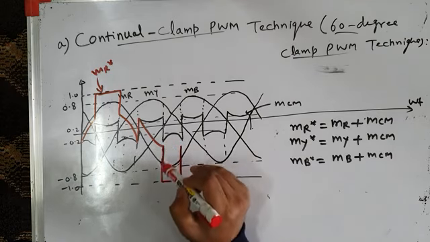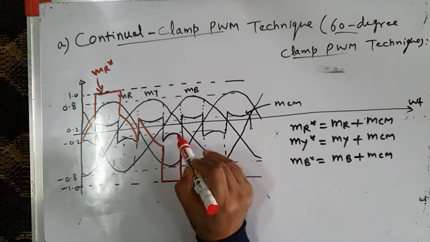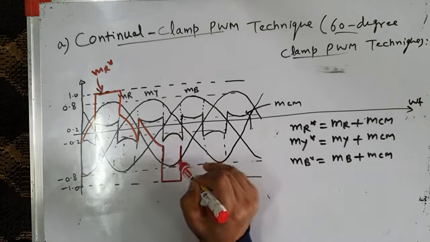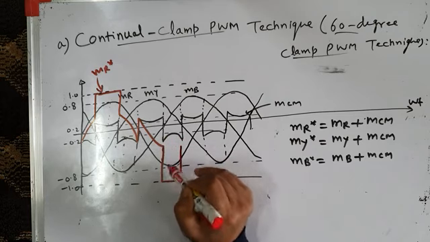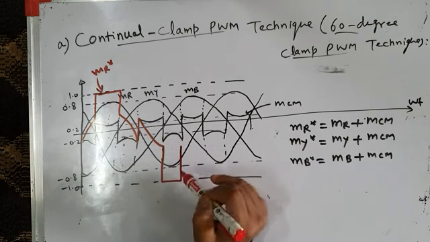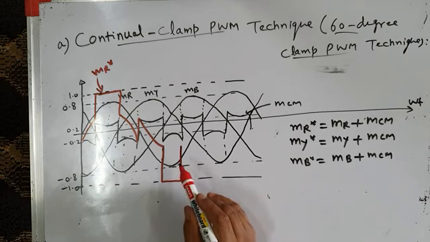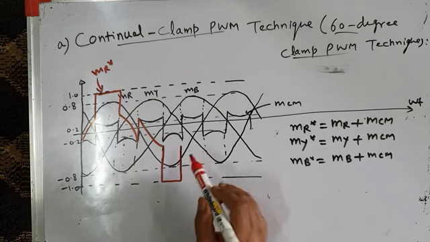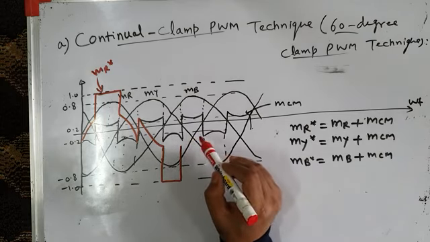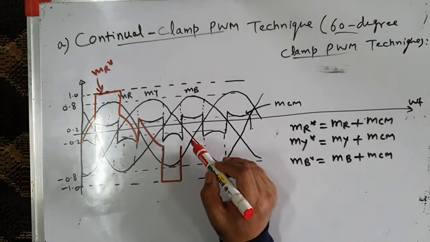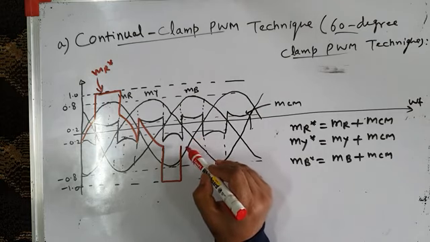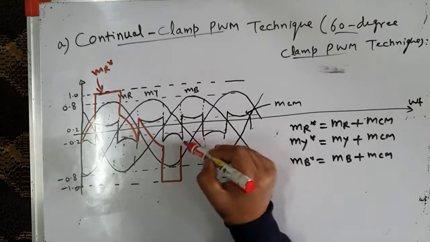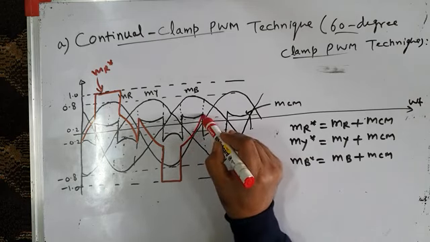Because this MR star is original MR plus MCM. Okay, original MR is like this, MCM is like this, this plus this, over this 60-degree interval, it becomes minus 1.0. Okay, and then it goes like this.